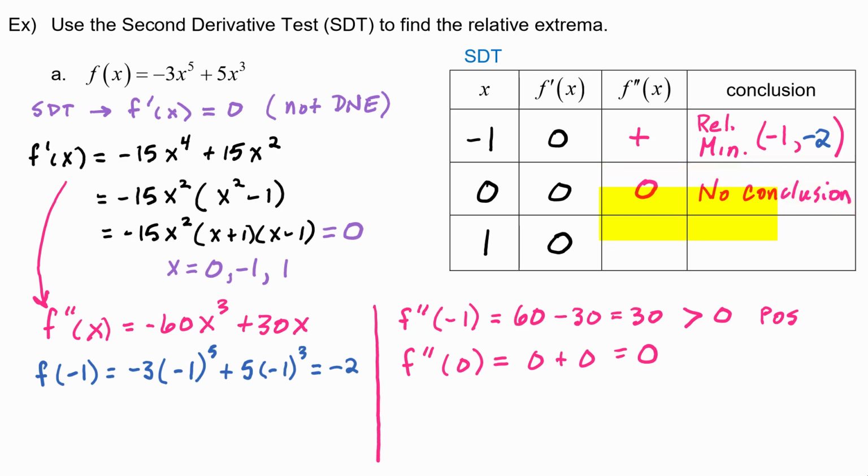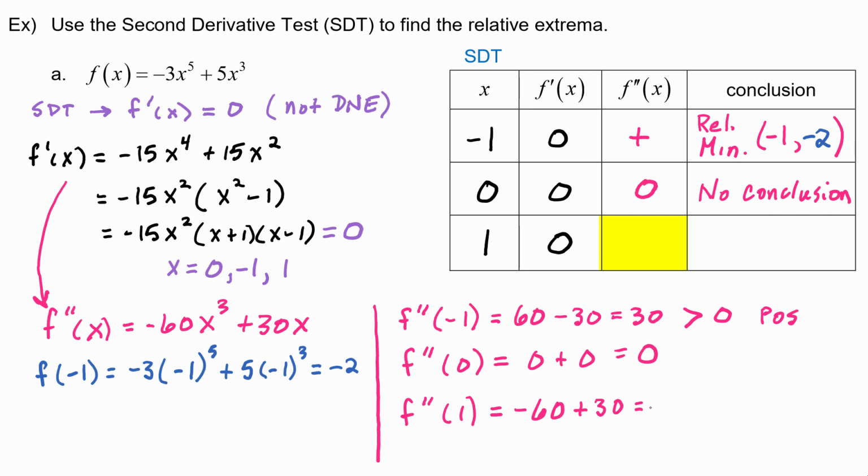And then finally, we will plug x equals 1 into the second derivative. If we plug x equals 1 into this first term, we get negative 60, plus, in the second term, 30.